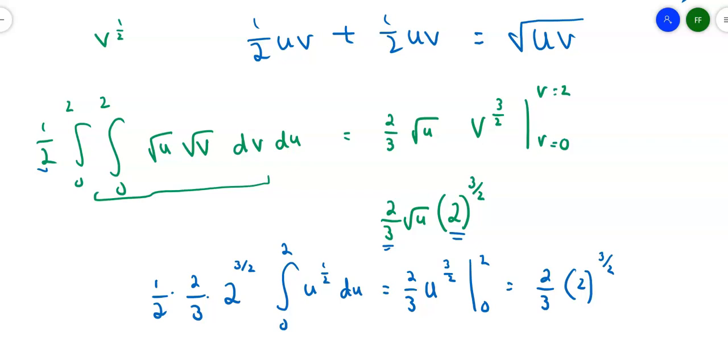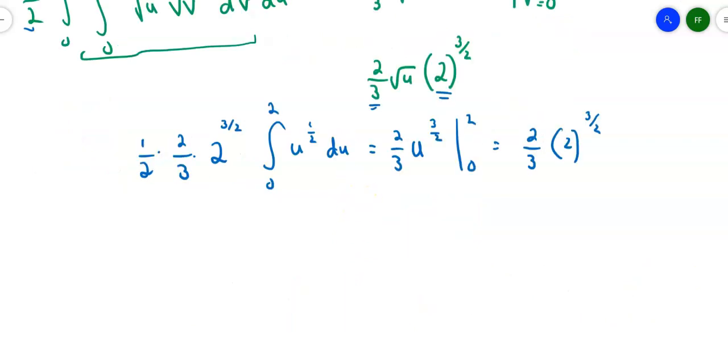All right, we're getting somewhere. Let's take all this and put it together. What do I have? I have a 1/2. I have a 2/3. I have a 2 to the 3/2 power. And then from this, I have another 2/3, and I have another 2 to the 3/2 power.